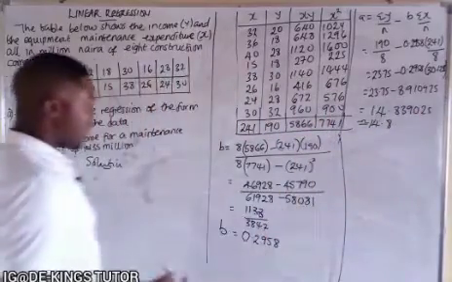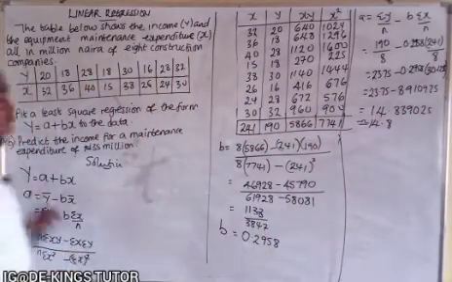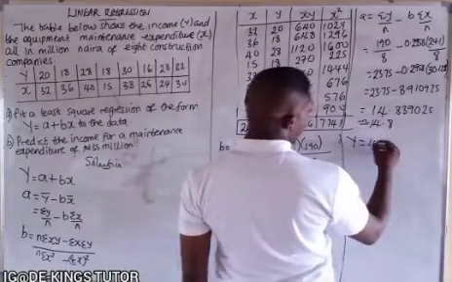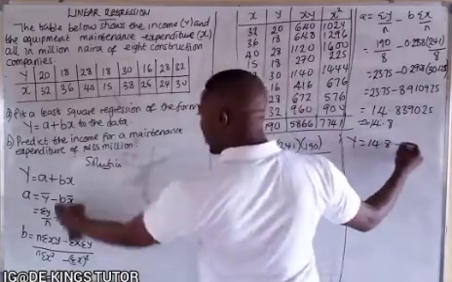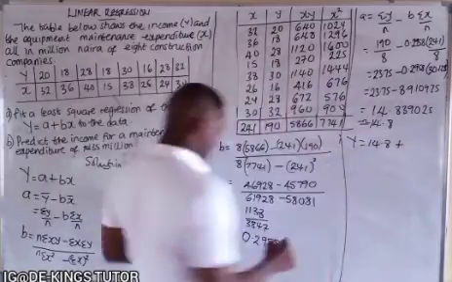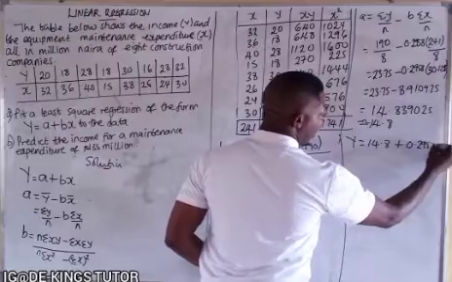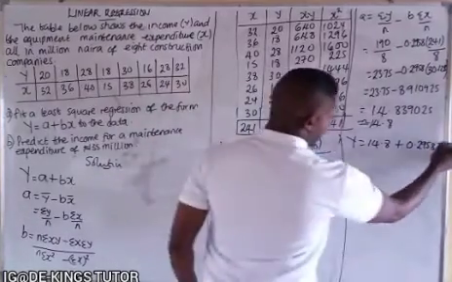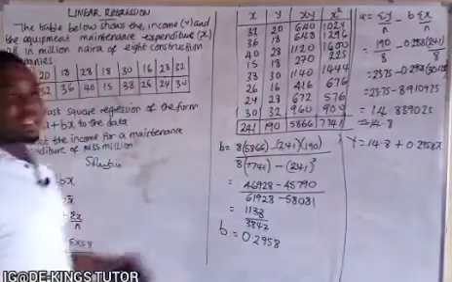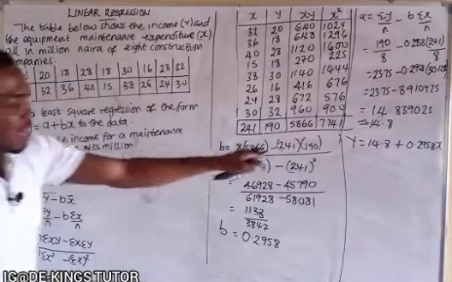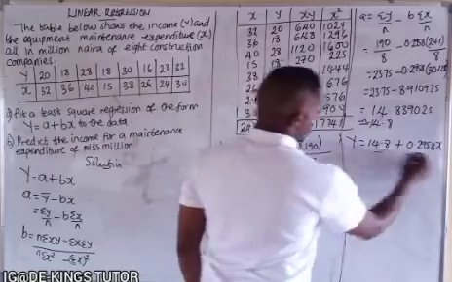So that's our A. Therefore our Y is equal to 14.8 plus 0.2958x. So we have fit it in the form. That's the first question.